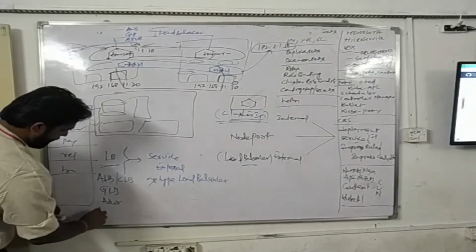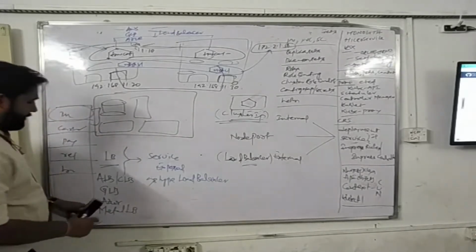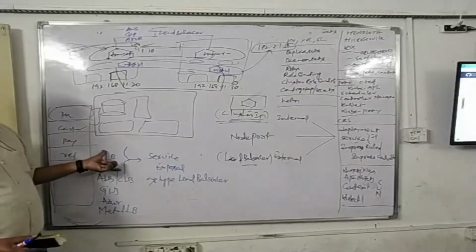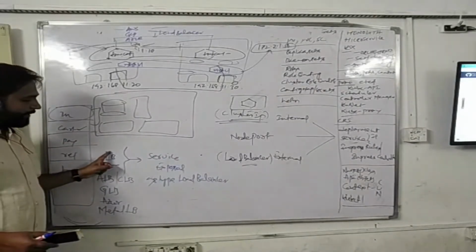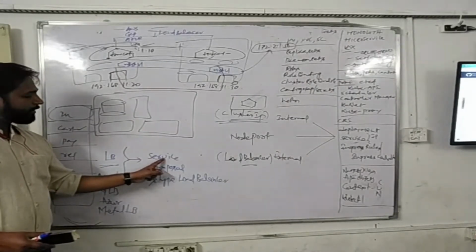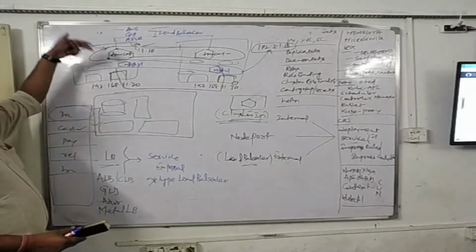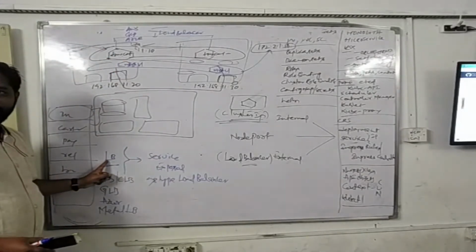There is another load balancer called Metal LB. This is a load balancer that you can install and then direct the request to this service. So if you want to see external requests coming in, you will attach it to an external load balancer.